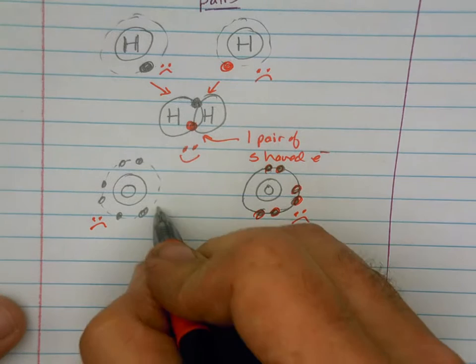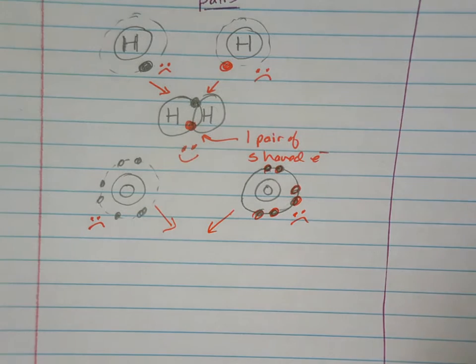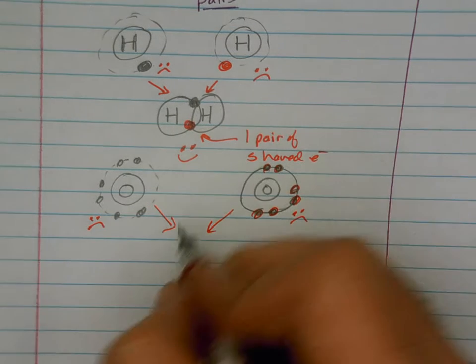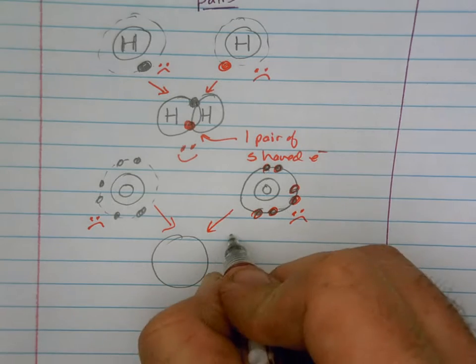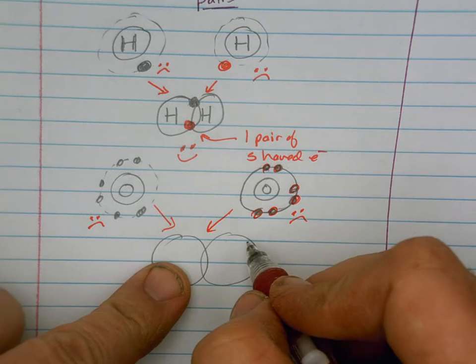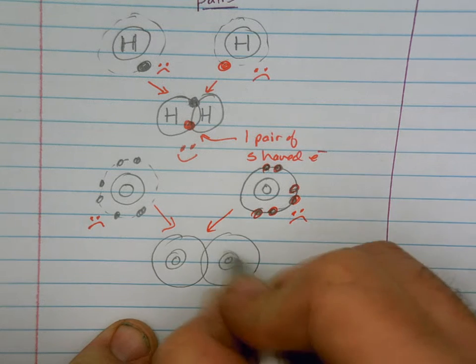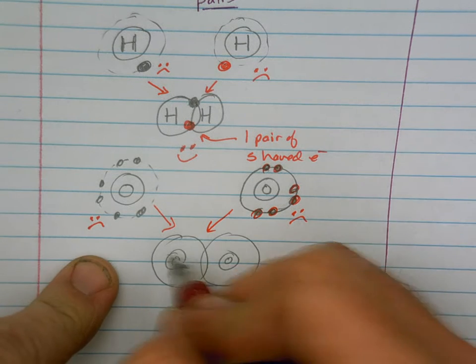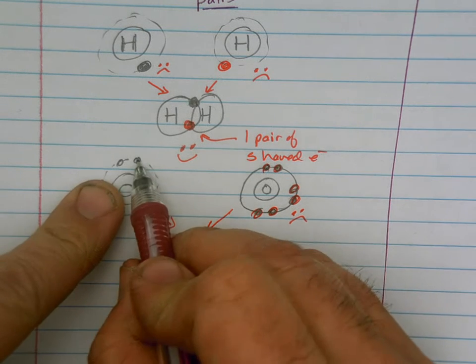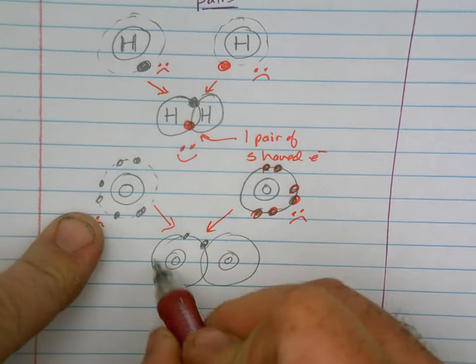Now if they can join together over here, they can get some bonding and share electrons, so let's draw this again. I'm going to draw these overlapped. These are the valence shells. Let's draw the O in the middle. This electron I'll put right there, and then we've got these two hanging out there.